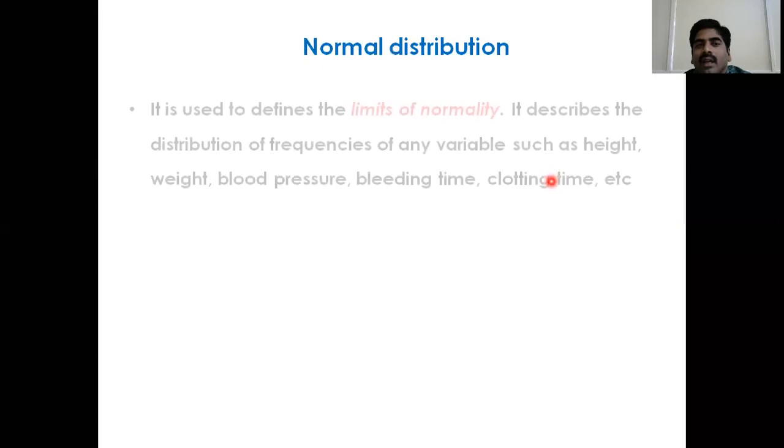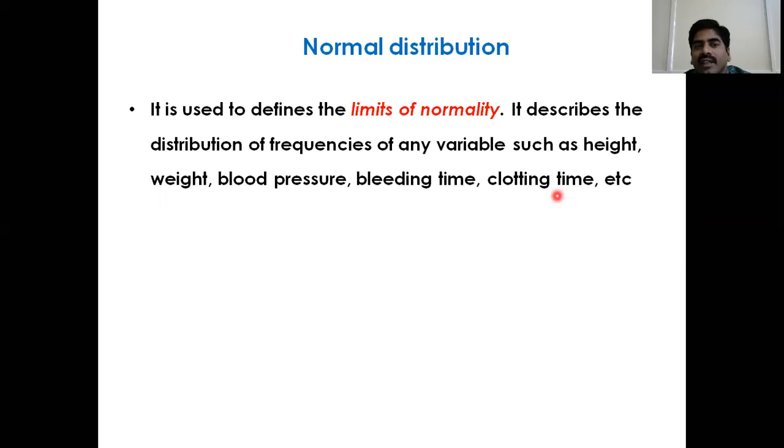So what is normal distribution? It is used to define the limits of normality.